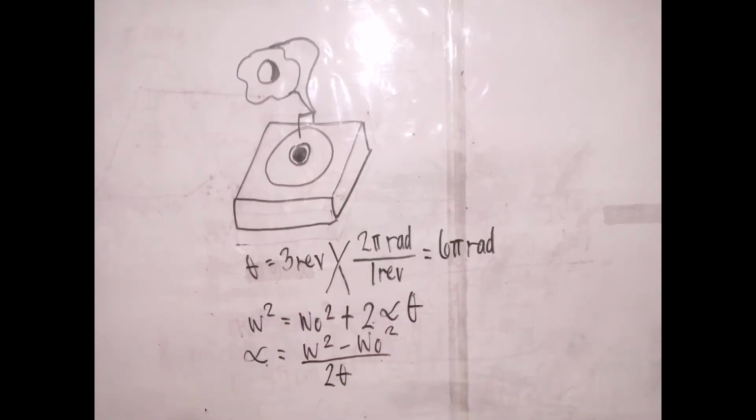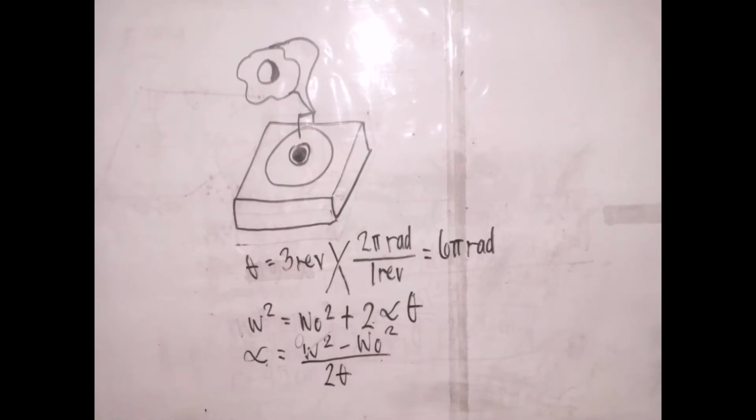And since kompleto naman na yung ating mga values, pwede na nating makuha yung ating angular acceleration. Final angular velocity squared will be equal to 0. We can cancel this out dahil sabi nga sa ating problem, initially rotating ito ng 3.5 radian per second. But after 3 complete turns, ito ay nag-stop na.